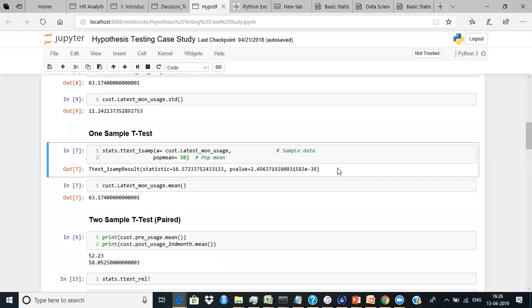But in our case, we want to do a one-tailed test, right? We want to do a right-tailed test. How do we go from a two-tailed output to a one-tailed output? So if you remember how we did two-tailed test, in a two-tailed test, T distribution looks exactly like a normal distribution, flattened, right?